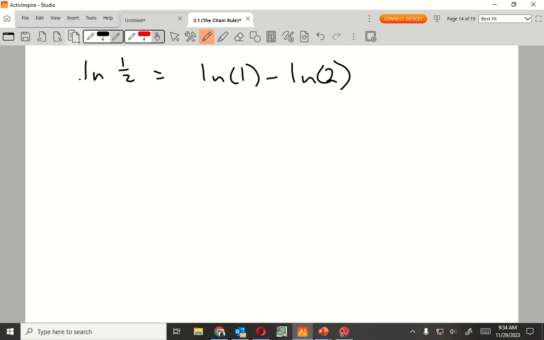And because of this piece right here, this ln 1 is always going to be, anyone remember what that is? 0. Yeah, it is 0. ln 1 is 0, because ln e is 1, so that's e to the 0 power is 1. Okay, so that's going to be 0. That's ln 2.